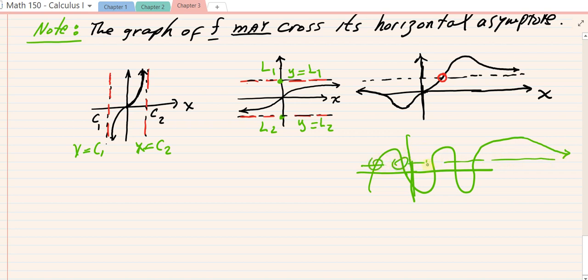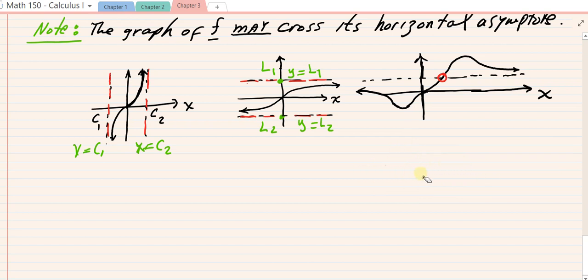See, it's crossing it 5 times. But ultimately, the extreme behavior is not going to cross it, it's going to approach it. Okay, so that's what that is. This is again y equals L, where this is the L. Hopefully these will put this in perspective, and we're going to look at actual examples of some of the exercises in a moment.